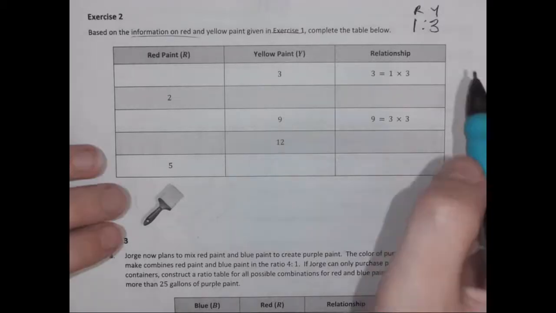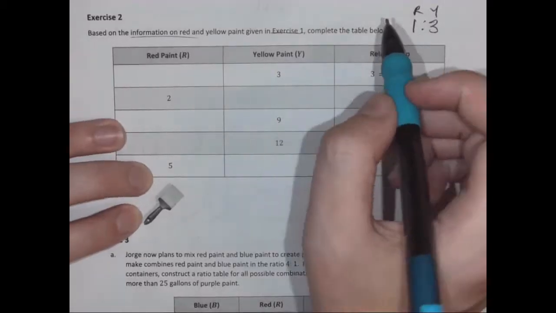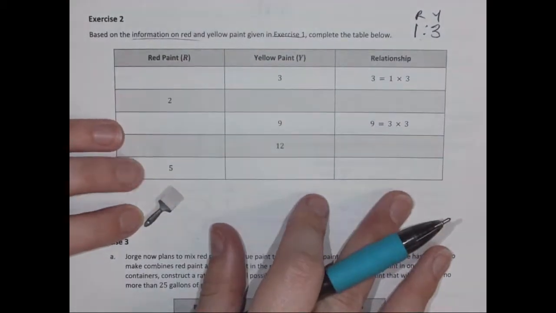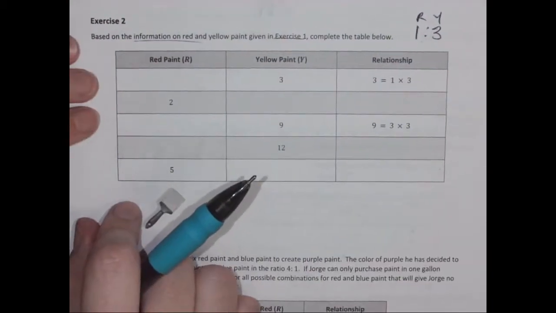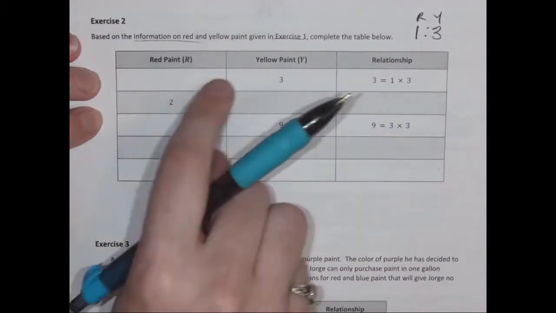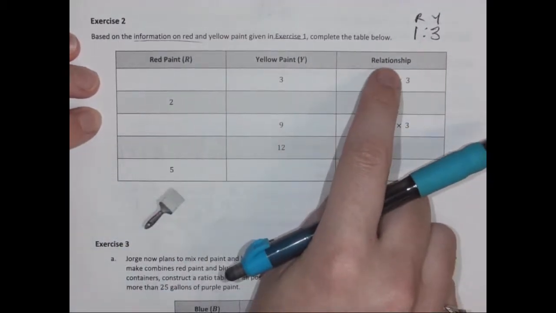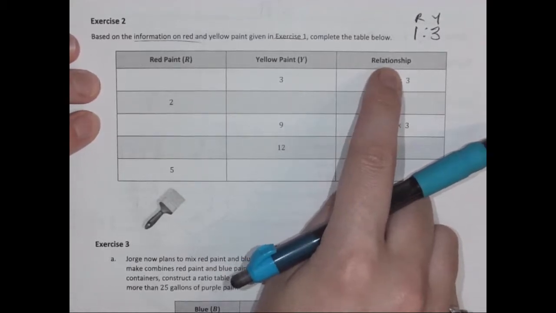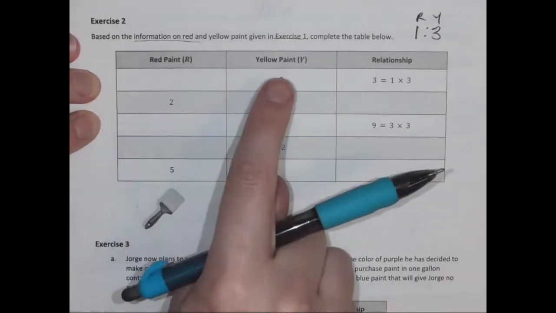Okay, so let's look at our ratio 1 to 3 because we're using the same ratio as in exercise 1. Red to yellow, 1 to 3. We need to complete our table. In our third column, we have a new column. It says relationship. We're showing the relationship between red paint and yellow paint.